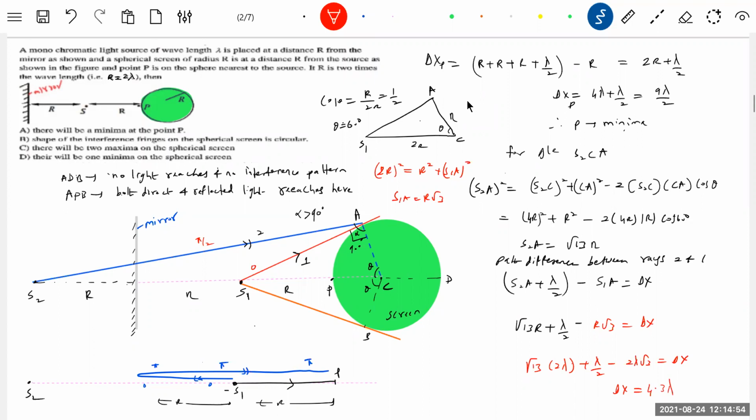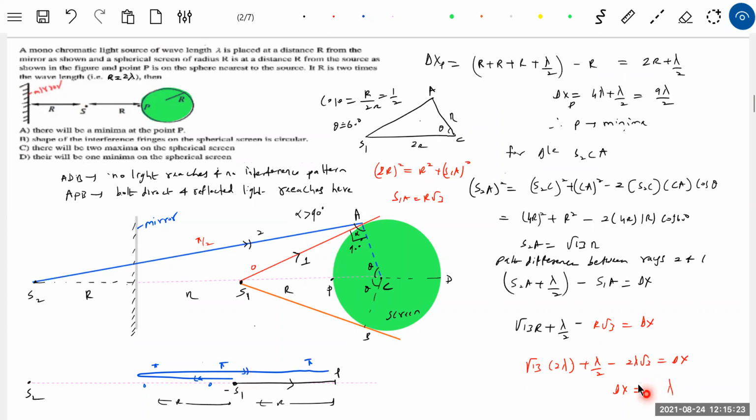What do you mean by 4.3 lambda? This is minima. Here it is 4.3 lambda. 4 lambda will be here, then 3 lambda, 2 lambda, 1 lambda. Not 4.3, just check the calculation. I want that final answer. Based on that, I can conclude anything here.